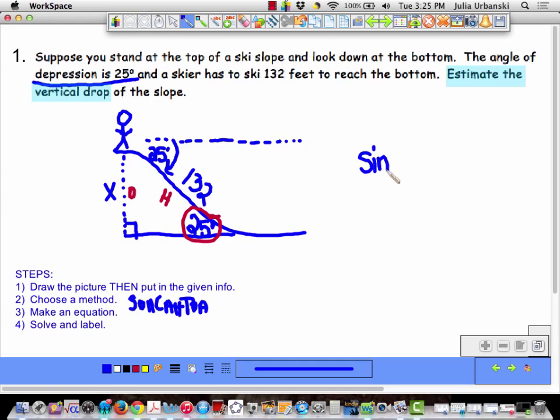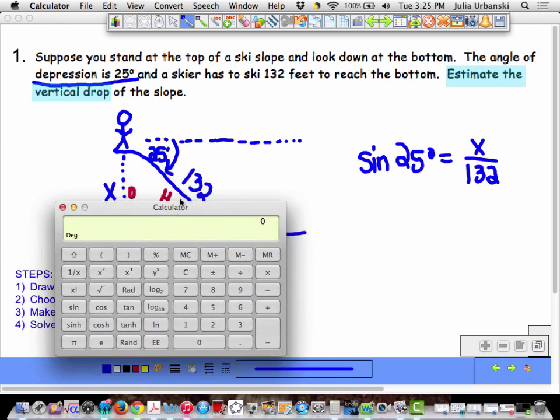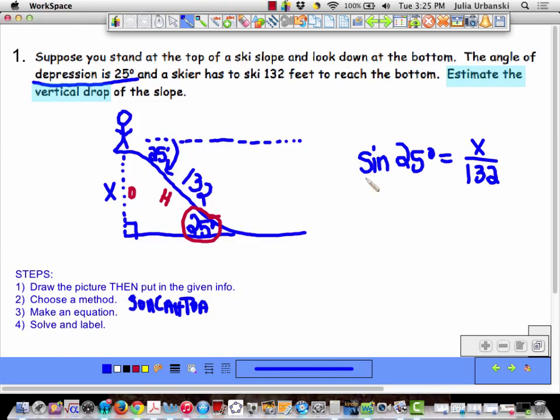The sine of the focus angle 25 degrees equals the opposite X over hypotenuse 132. Since I know the degrees, I am going to cross multiply. And I'm going to use the regular button, not the inverse button. So put it over 1, and we're going to do X times 1 equals 132 times the sine of 25 degrees.